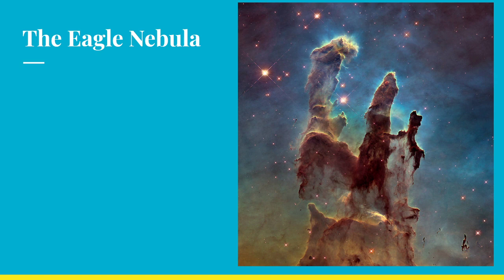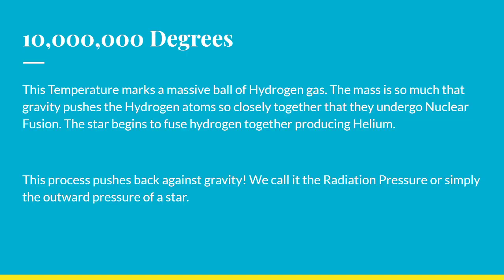What happens next is kind of interesting to describe. At the 10 million degree mark, the mass is so much that gravity pushes the hydrogen atoms so closely together. Now hydrogen, if we remember from our periodic table, is the most basic atom.